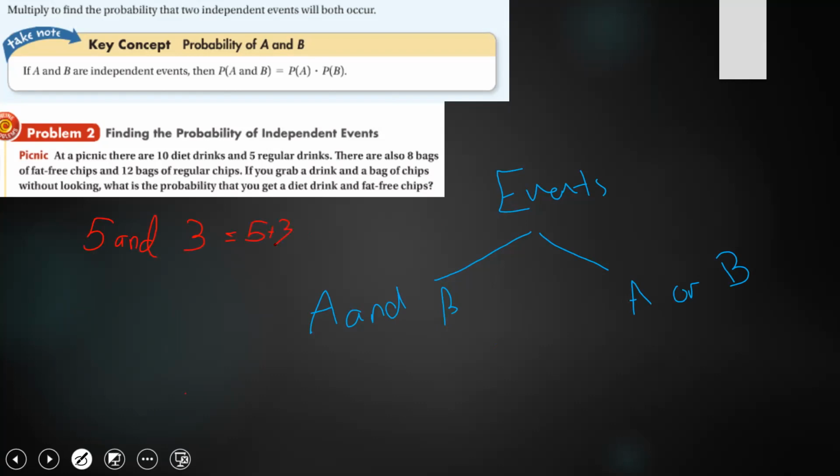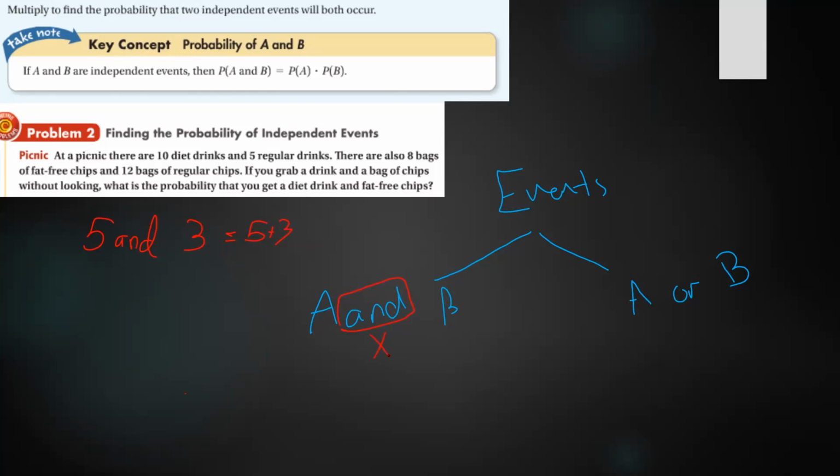This is in mathematics. Now here in probability and statistics, if you have "and", this "and" means multiply. It does not mean plus.